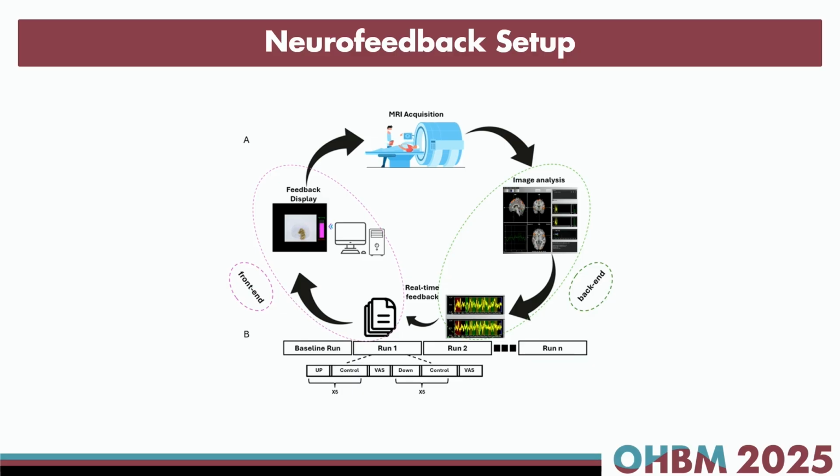So we remember that the story begins with the scanner when it sends the data to Turbo Brain Voyager in our case, or any other real-time processing software. It will analyze this data in real time and pass it to the front end, which is MATLAB or any other programming script that shows that feedback to the participant in real time.